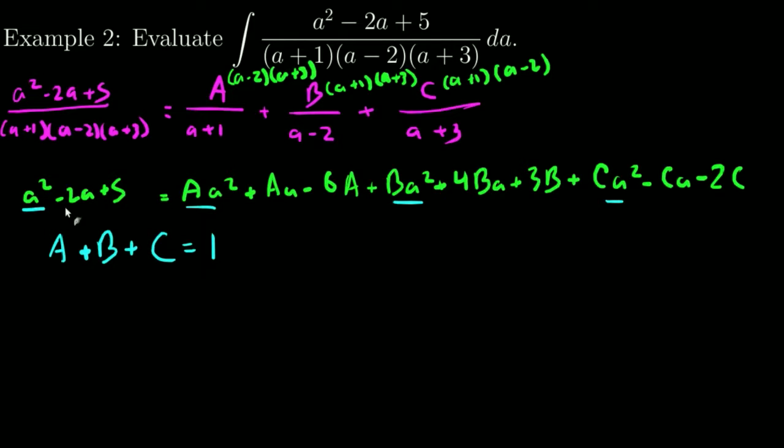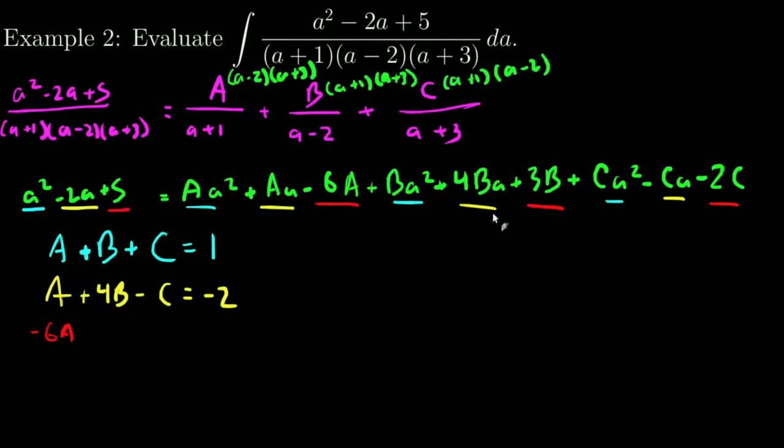When I look at all of the a to the first terms, I will get A plus 4B minus C equals negative 2. And when I look at all of the constant terms, I will get negative 6A plus 3B minus 2C is equal to 5.